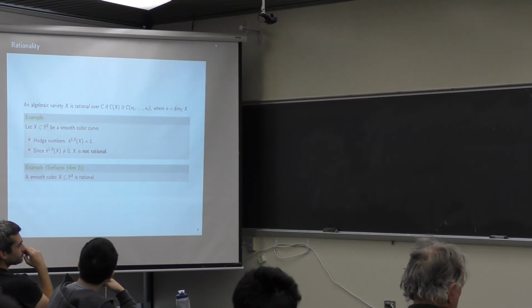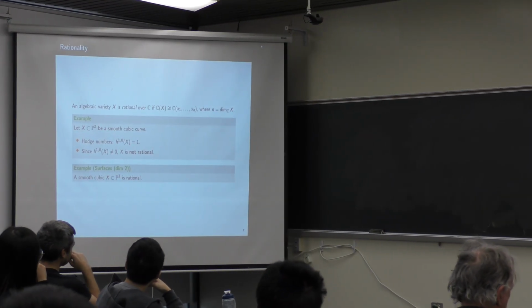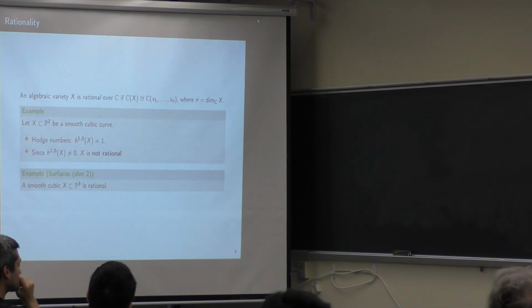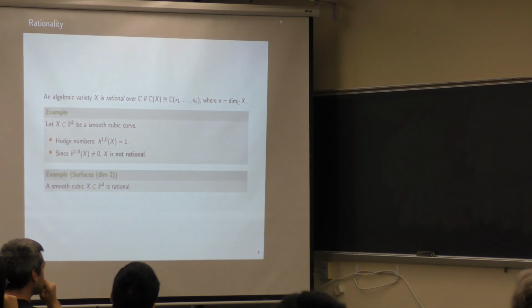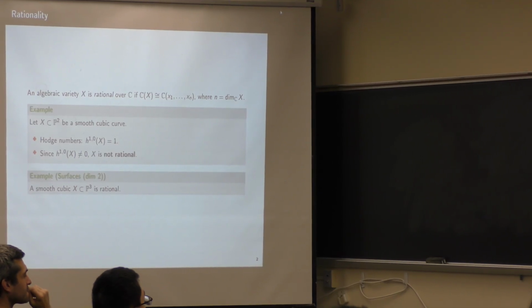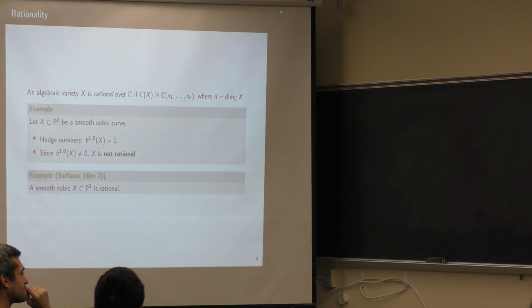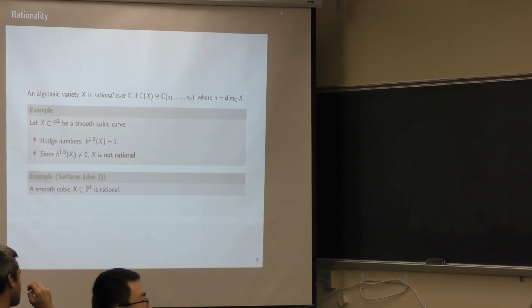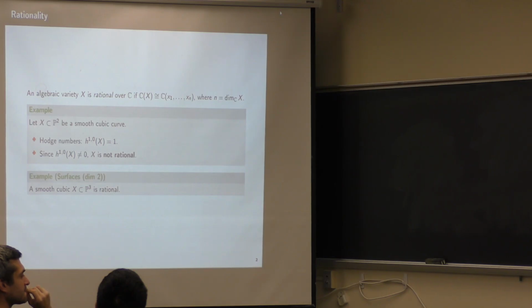So we will say that an algebraic variety is rational over the complex numbers if the field of rational functions of this variety is the field of rational functions of n independent variables, where n is the dimension of X. So in particular, if this is P1, the corresponding field is just the field of rational functions of one variable.